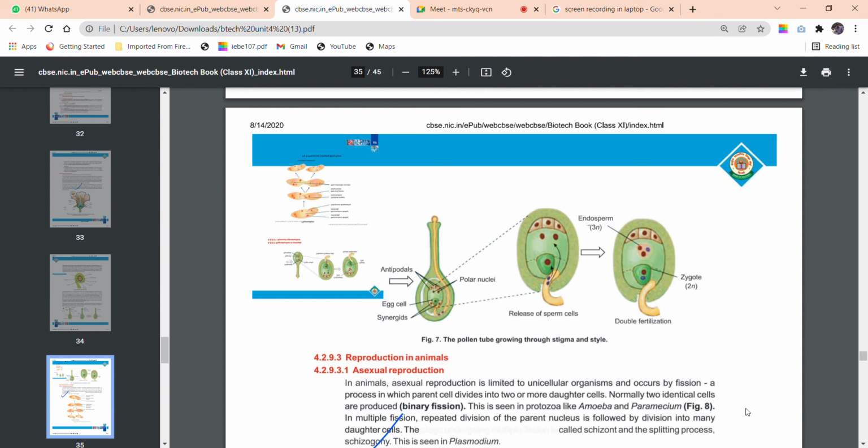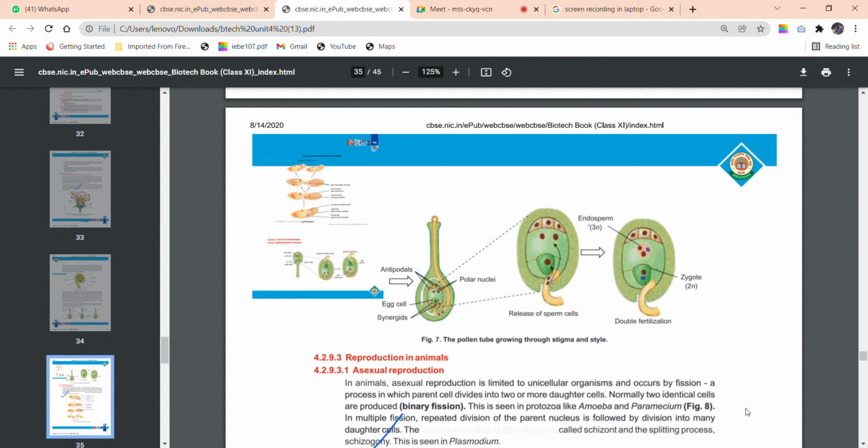So try to observe each and every part and try to recall each part and its function: the function of the egg cell, the function of synergids, the function of antipodal cells, and the function of the two male nuclei. Sporopollenin is the compound that is associated with pollen, and through the pollen tube only two male nuclei will come inside the ovary.